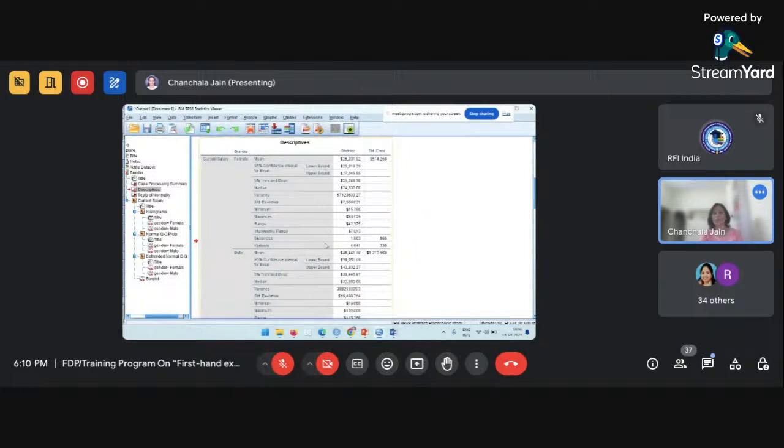The main things are the skewness and the kurtosis. You can see skewness is positive as a plus sign is coming. Kurtosis is also positive. When skewness is positive, we call it positively skewed data. And when kurtosis is positive, we call it leptokurtic data, right? Yesterday, on day 2, when I was discussing normality and reliability, I said there are certain threshold ranges for skewness and kurtosis, and it is -2 to +2.